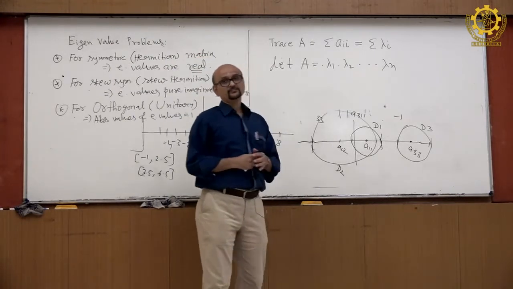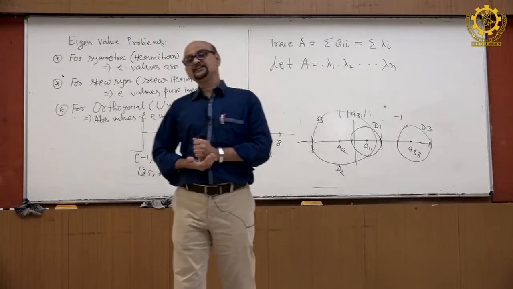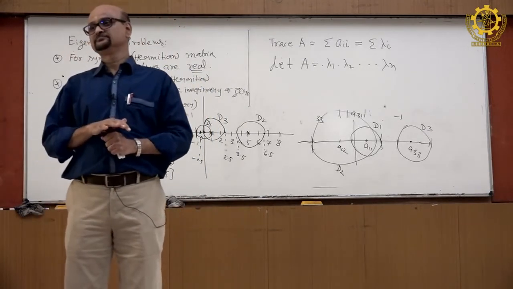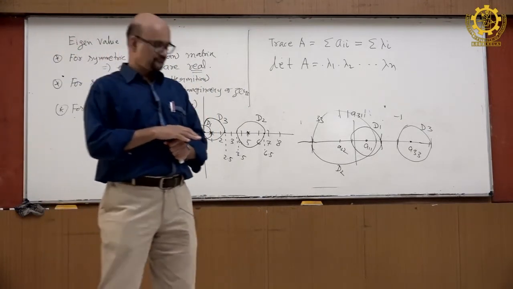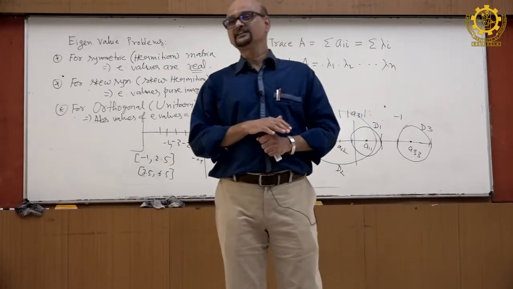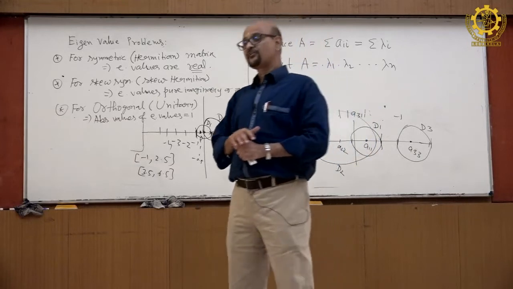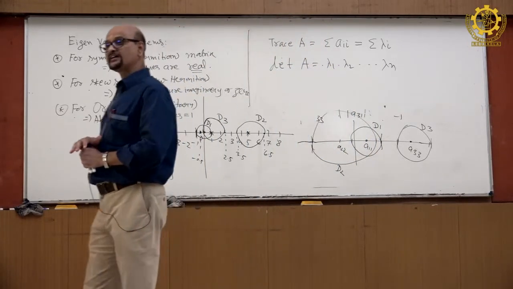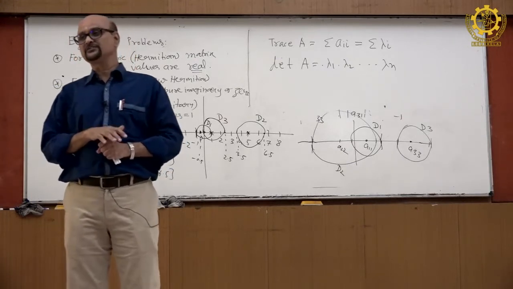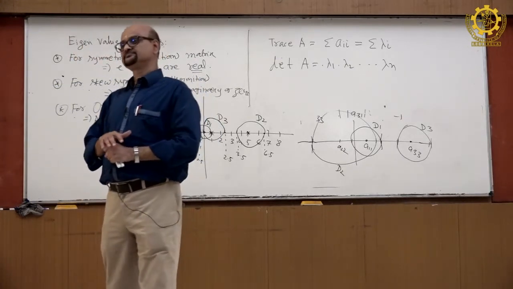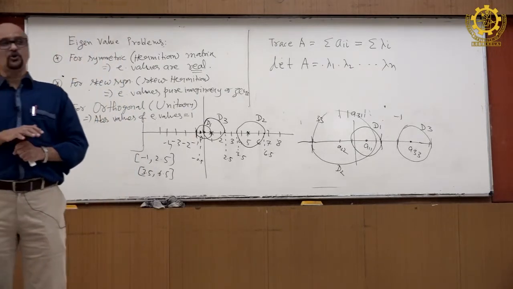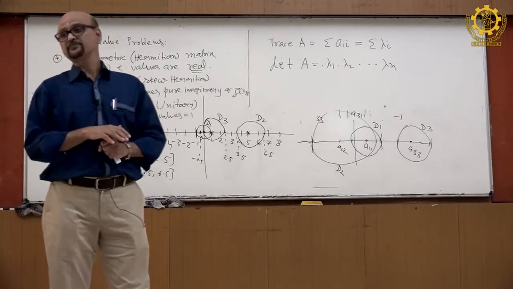Now, you have seen that the number of eigenvalues depends upon the order of the matrix. Okay. So, if you have a 50 by 50 matrix, fine, then how will you find all those eigenvalues, or whether we need to find all those eigenvalues for practical purposes.